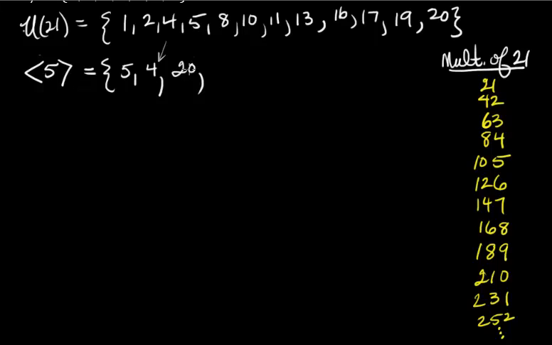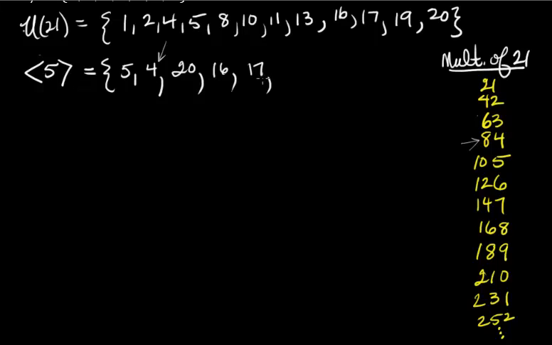Now 5 times 20, keeping to multiplying by 5, but doing it mod 21. So 5 times 20 is 100, and I go down here and I see, oh, okay, so 84. So subtract 84 from 100, and I have 16 mod 21. Now multiplying 16 by 5, I have 80, and subtracting 63, I'll get 17.